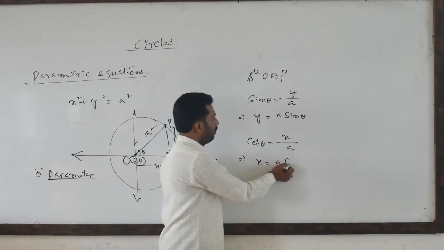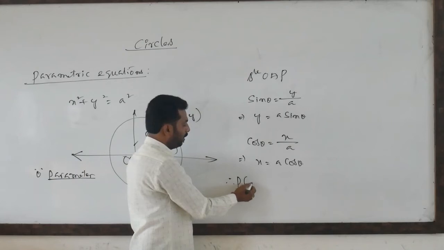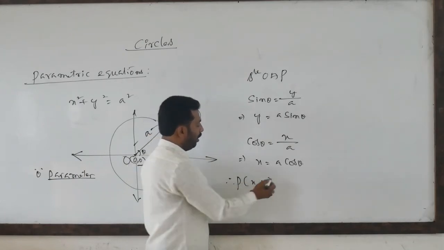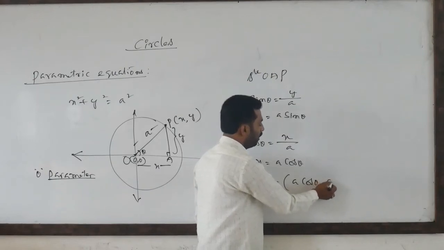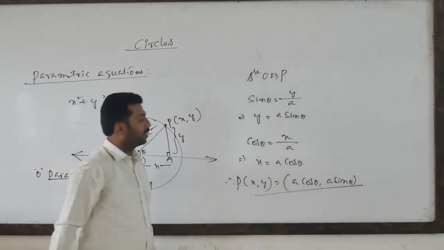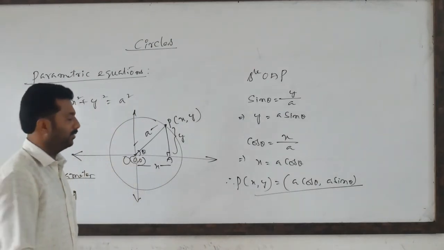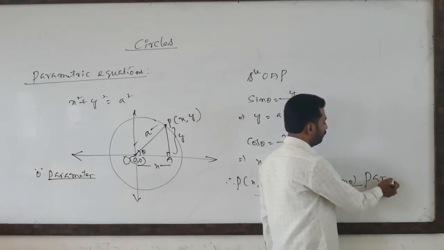So x equals a cos theta. Therefore, the point on the circle P of x comma y equals x value a cos theta, y value a sin theta. This is called a parametric point.